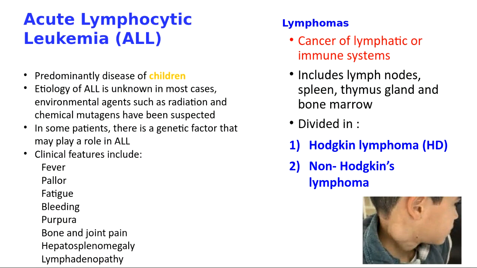Lymphomas are related with lymph nodes, especially lymph nodes, or any organ that has close association with lymphocytic function, like the lymph nodes, the spleen, the thymus, or even the bone marrow. But they tend to be tumors.